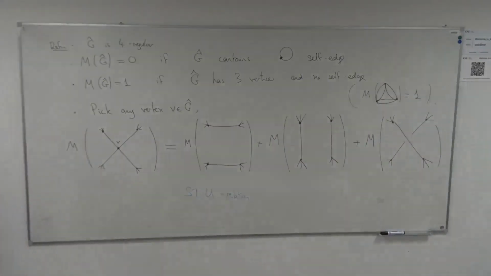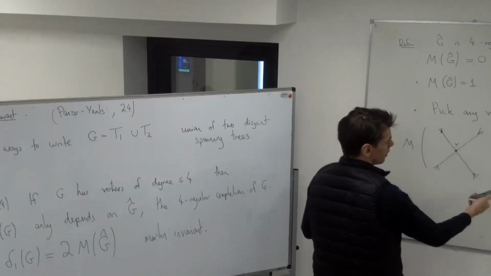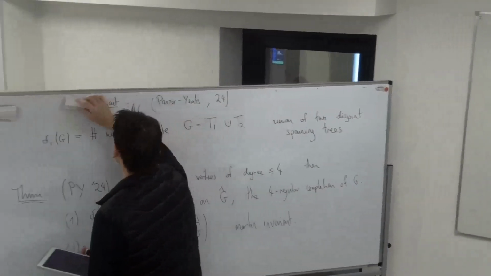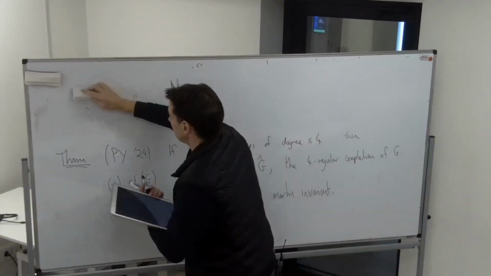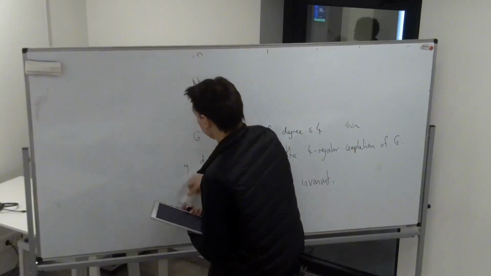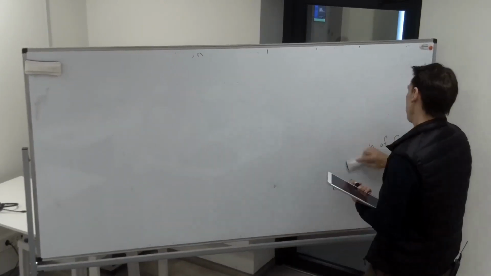So this says that if you look at this diagonal sequence, just the very first interesting number in the diagonal sequence already gives you a very interesting invariant of graphs. And what they do in their paper is explain how all the higher elements in the diagonal sequence can also be related to something.